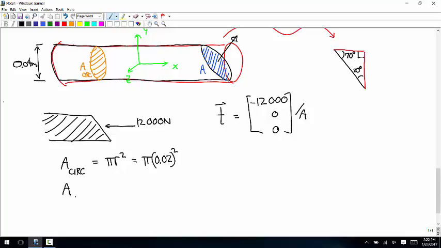So the area that we want divided by the area of the circle is equal to this diameter, this length, like the inclined diameter, like the height of that ellipse or whatever it is, divided by the diameter of the circle. So the area we want divided by the area of the circle is equal to L over 0.04.